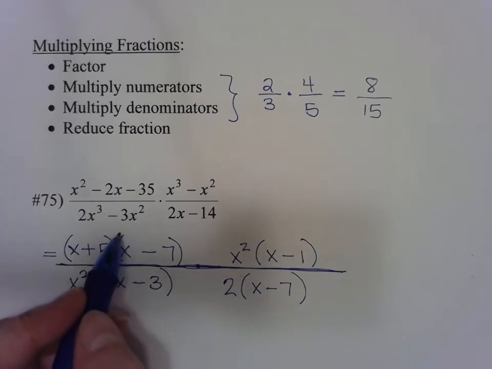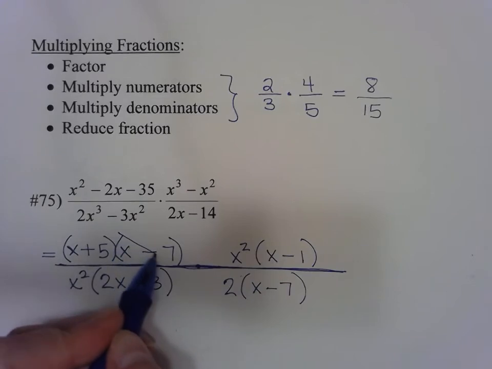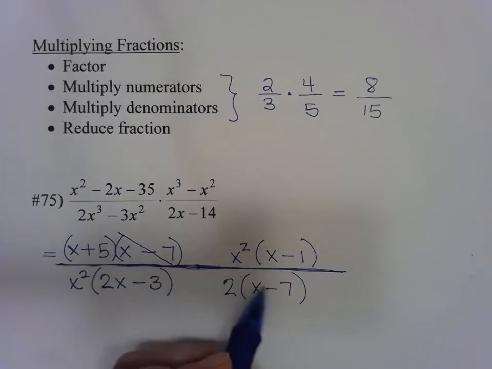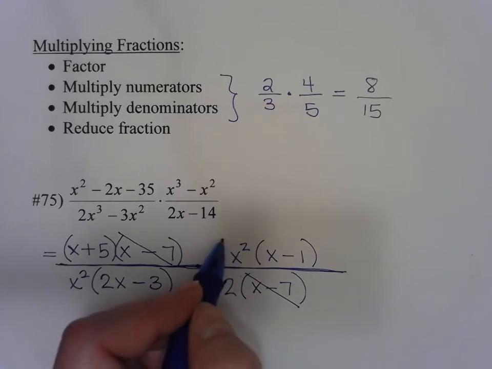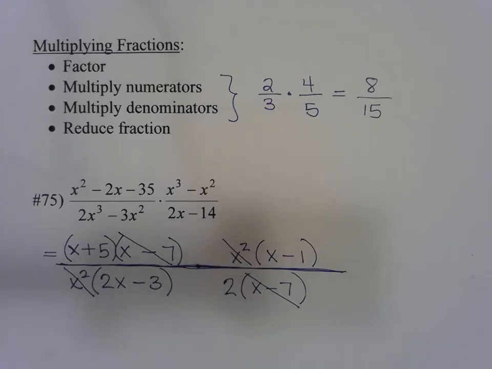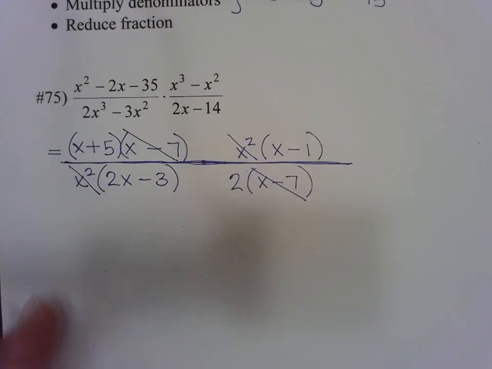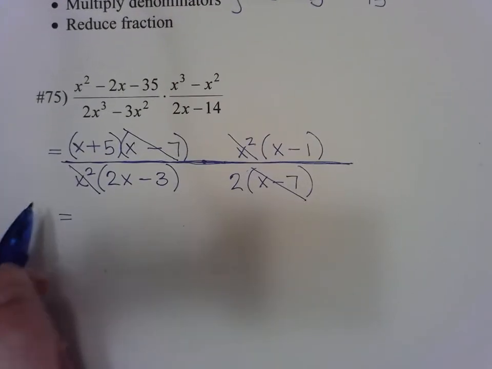All right, so what can we cancel? 1 for 1, right? So x minus 7, x minus 7, x squared, and x squared. I think that's it. So our final answer will be what's left.